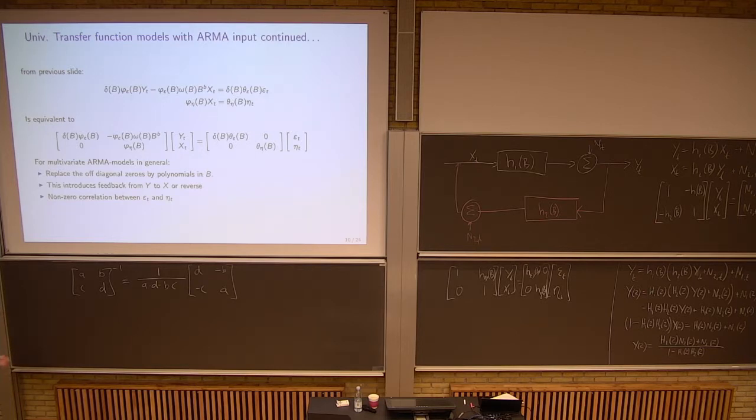So to be more generic, of course, everywhere there's a 0 here, you can make a polynomial b. So what do those non-zeros represent? If this was non-zero, it represents that yt influences xt, or previous values of y influence xt, just as we had in the first example up here.